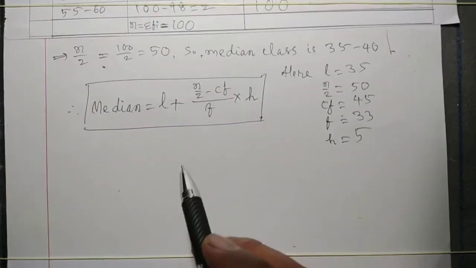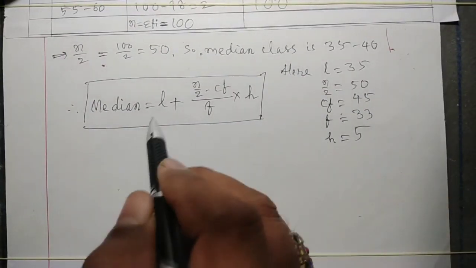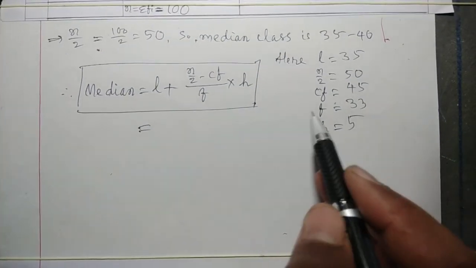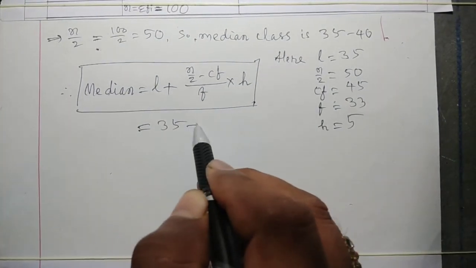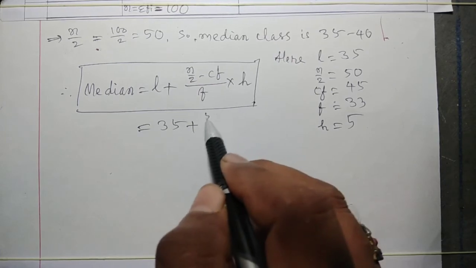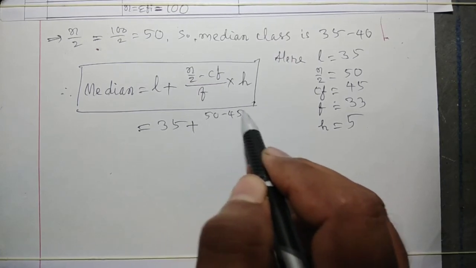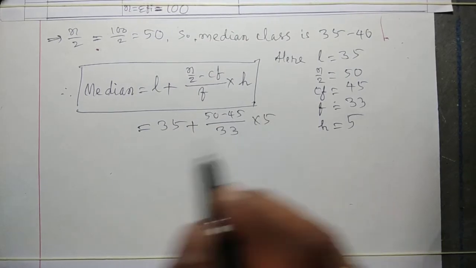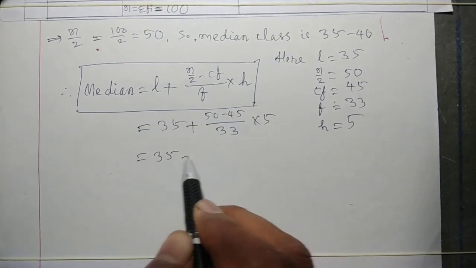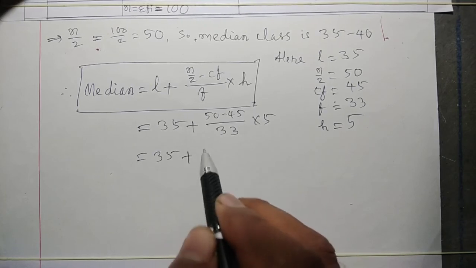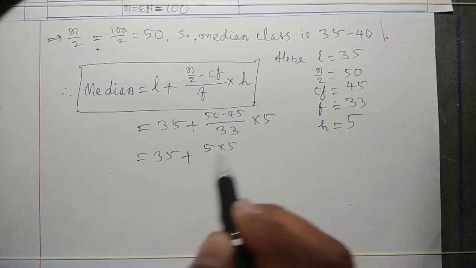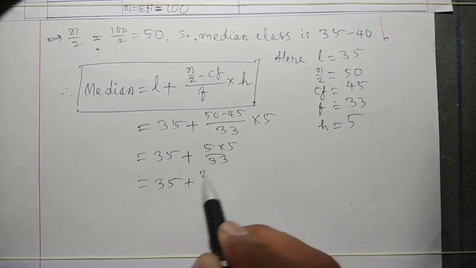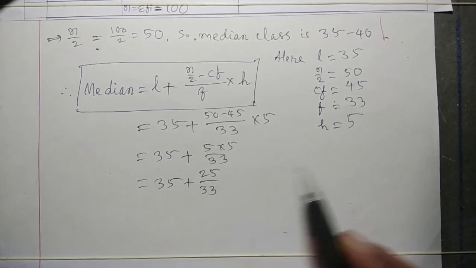So now we have to substitute these values in this formula: 35 plus (50 minus 45) by 33 into 5. 35 plus 5 into 5 by 33. 35 plus 25 by 33.